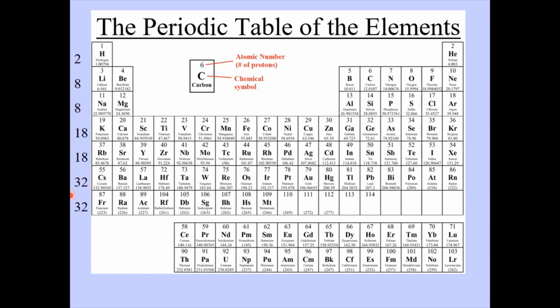So let's go back down to this row that has 32 elements in it. Notice we start here with cesium 55, barium 56, lanthanum 57, but then look, it jumps to 72. So what happened to 58 through 71? Well, they're down here. So here's 58, 59, 60, all the way to 71.